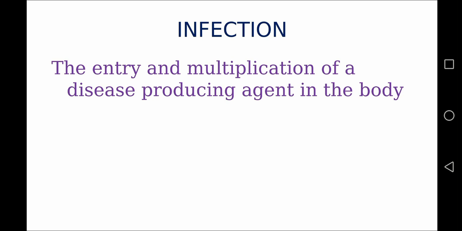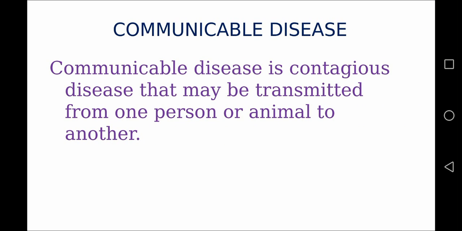Next, we can see what is communicable disease. Communicable disease is an infectious disease, also called contagious disease, spread from one person to another or from an animal to a person, either directly or indirectly, by an infectious agent such as viruses, bacteria, and fungi or its toxins.